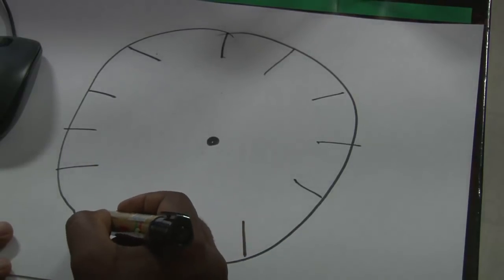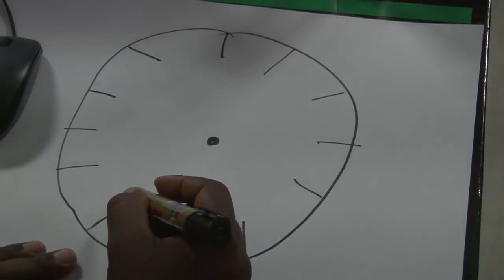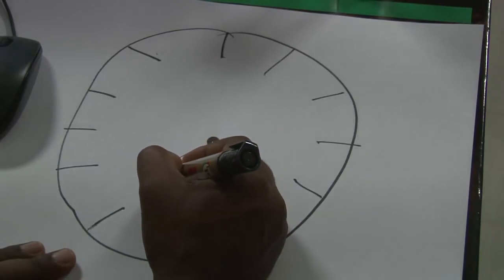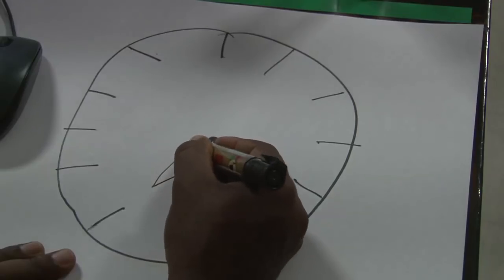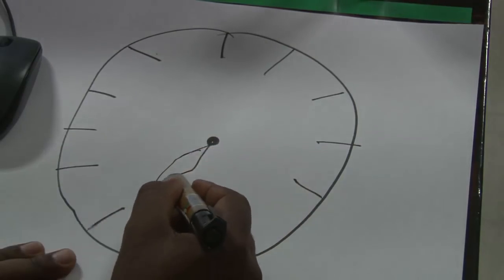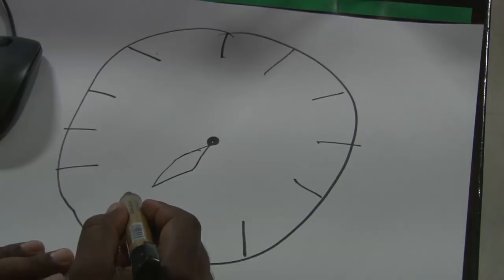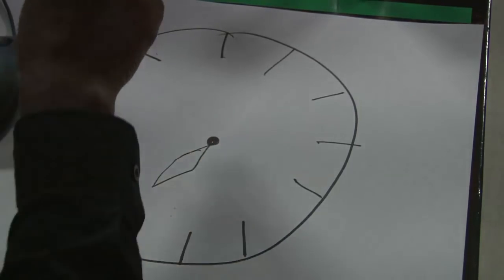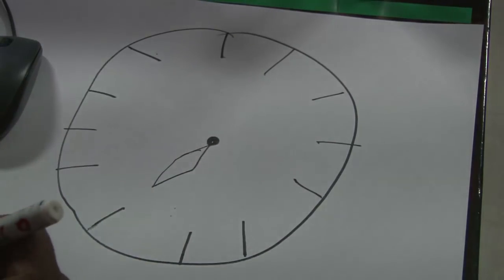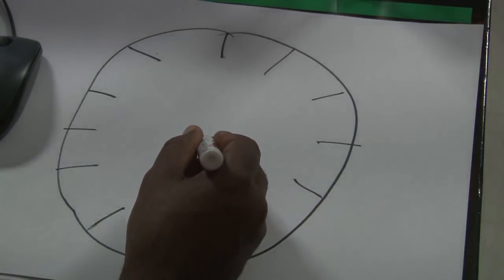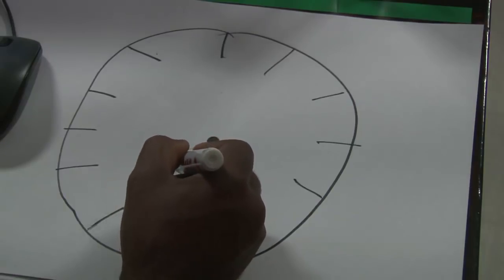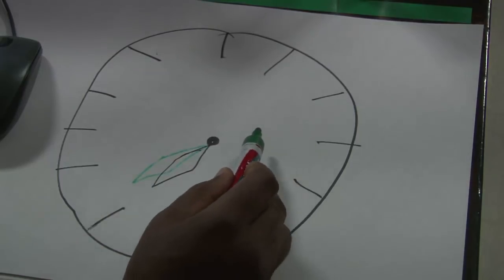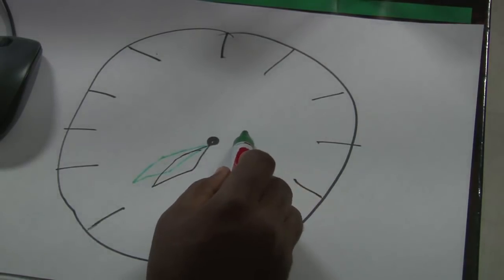So our 7 o'clock is somewhere here. But it is exactly at 7. So you need to draw your short one towards 7. If it's exactly at 7, you need to be straight over 7. But please note, if this was maybe 15 minutes past 7, it will not be exactly at 7. It will be something like this, because it's a bit out of 7. So it will be somewhere there, because the other hand will be showing that side.